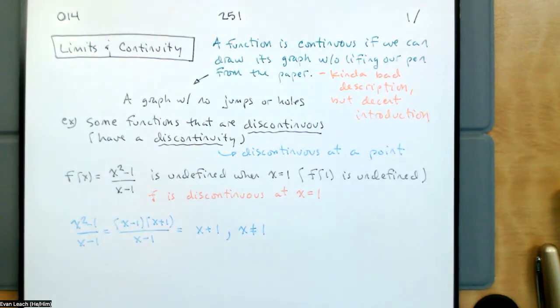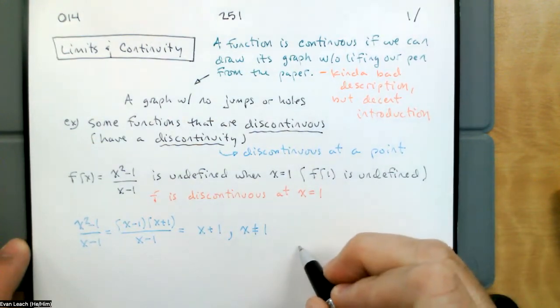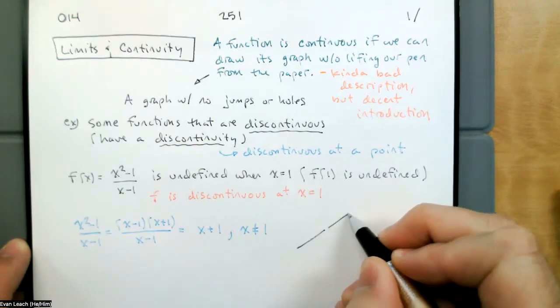But what this means is that we can use the graph of x plus 1 to visualize the graph of x squared minus 1 over x minus 1 everywhere but 1. So we end up with this line with a hole in it.